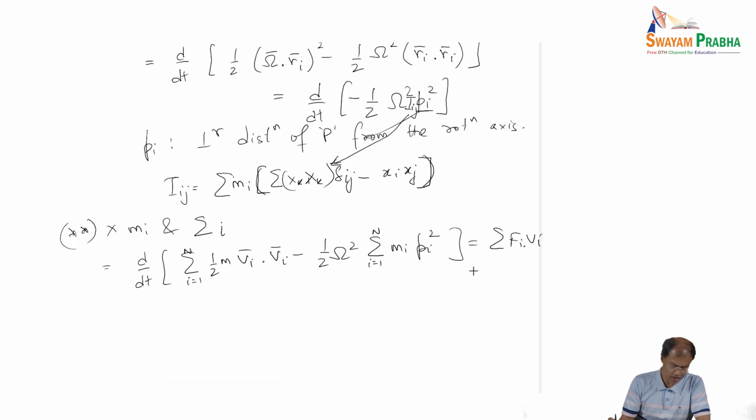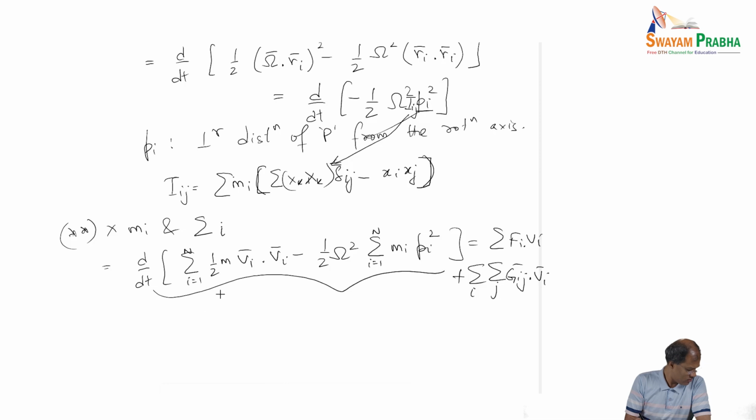This is the dot product, and then plus, due to the mutual interaction forces, we have the term summation ij gij dot vi. And we see that this new quantity is ddt of the kinetic energy T minus half I omega square.